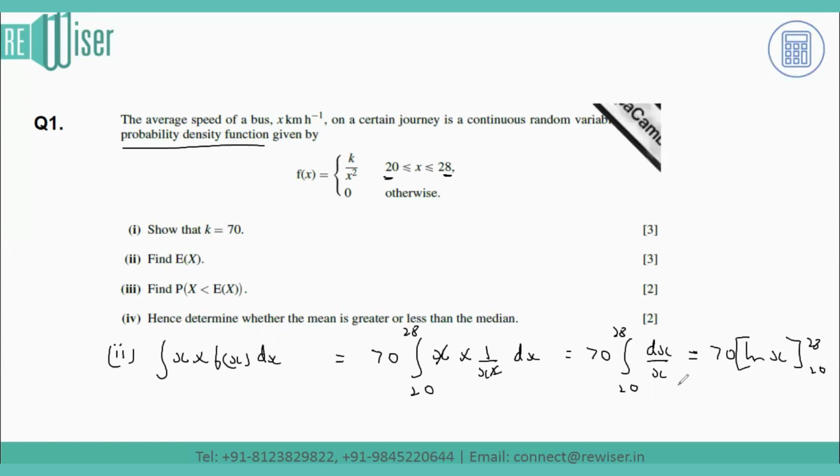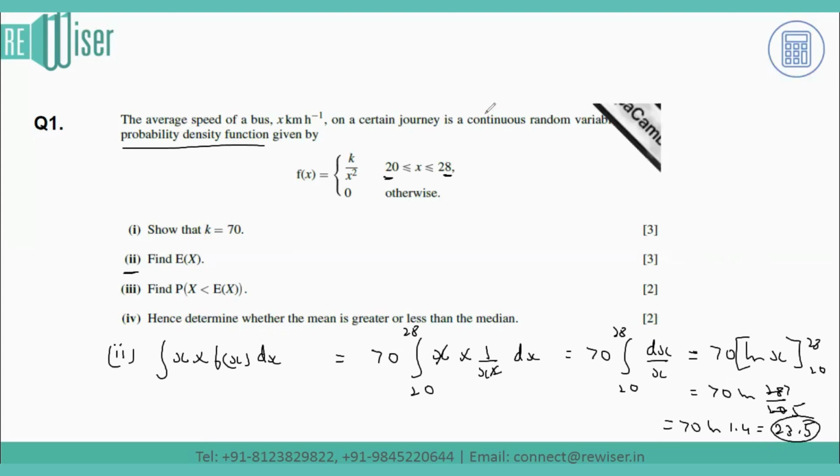If I solve this out, that can be written as 70 ln 28 by 20, which is 70 ln 7 by 5, or 1.4. If I put it into the calculator, the answer I get is nearly 23.5. So that's the expected value of the given probability density function.